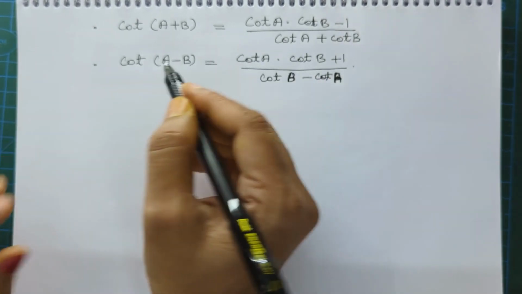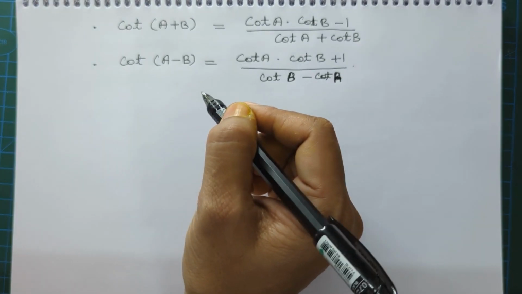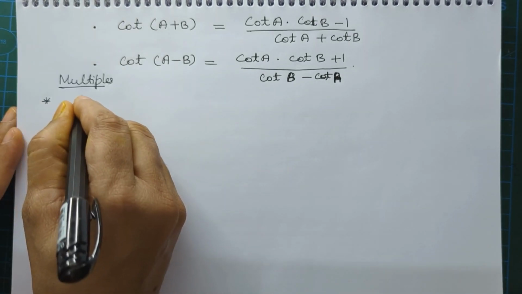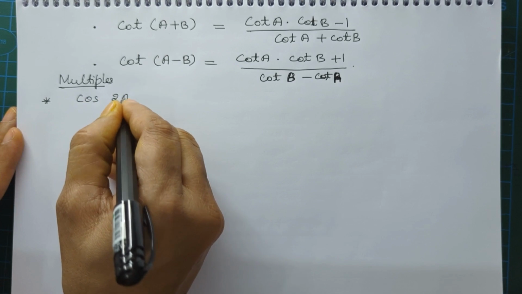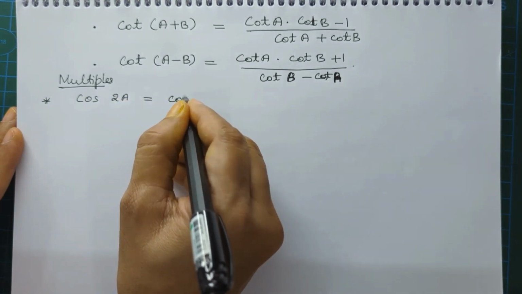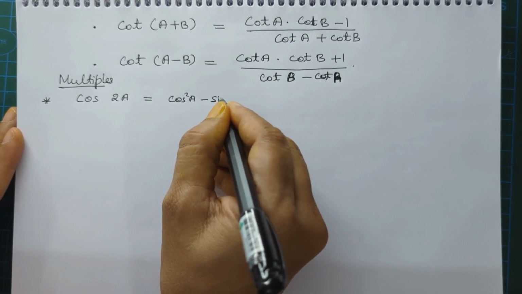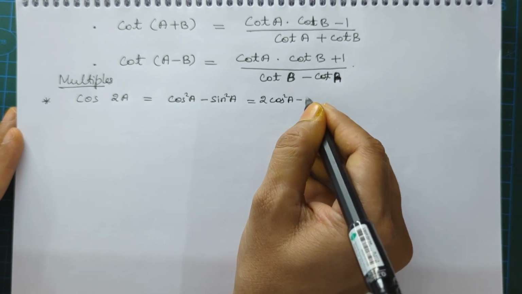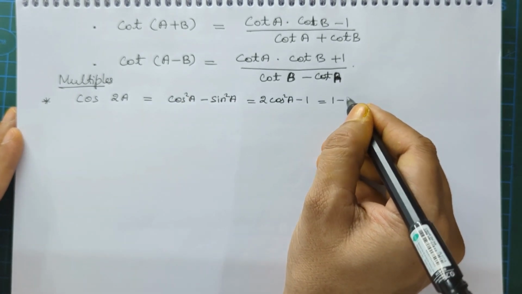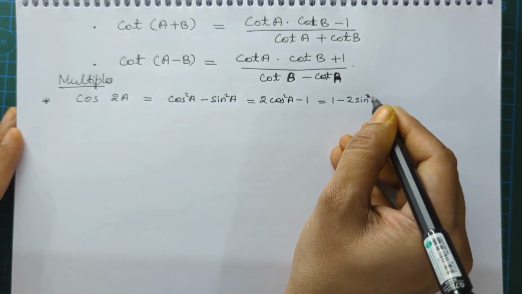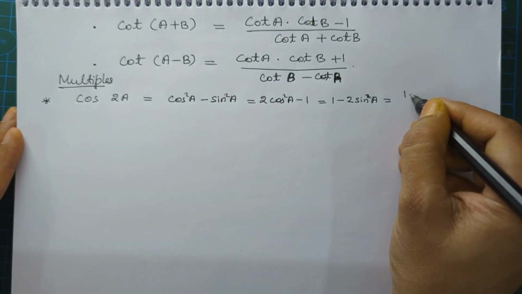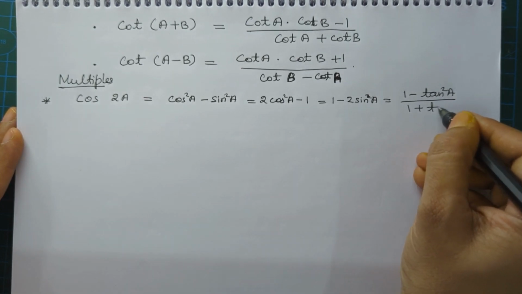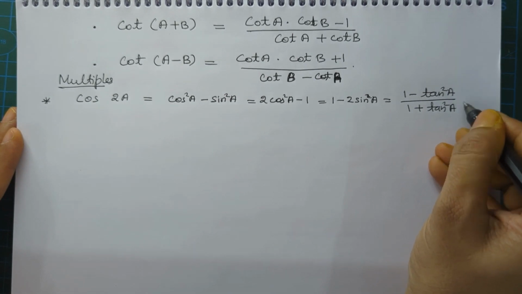So these two formulas. Then we have the derivation of trigonometric ratios of multiples and submultiples of angles. So cos 2A. The cos 2A formula is cos² A − sin² A, which can be written as 2 cos² A − 1, or 1 − 2 sin² A, and this in turn can be written as (1 − tan² A) upon (1 + tan² A).